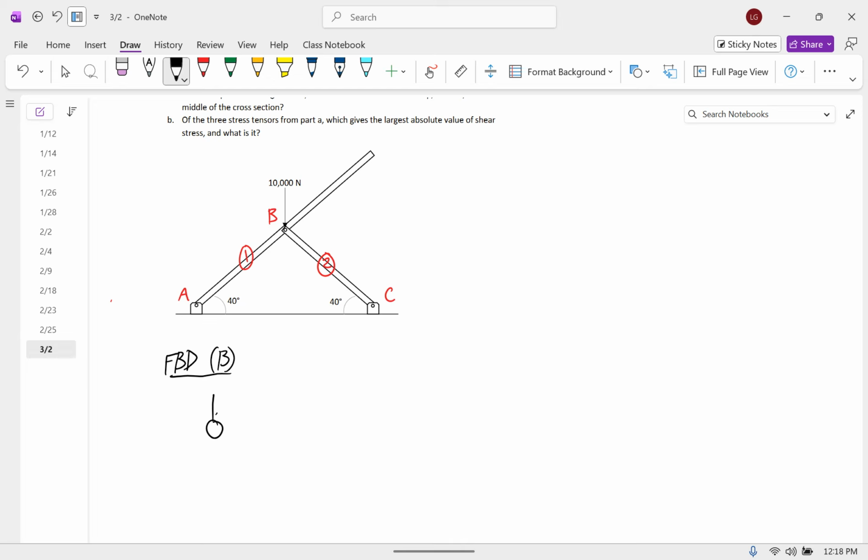So we have a 10,000 Newton force, and then a force F1 and a force F3. We can just use B because we get both F1 and F3, and we have two equations for those two unknowns.